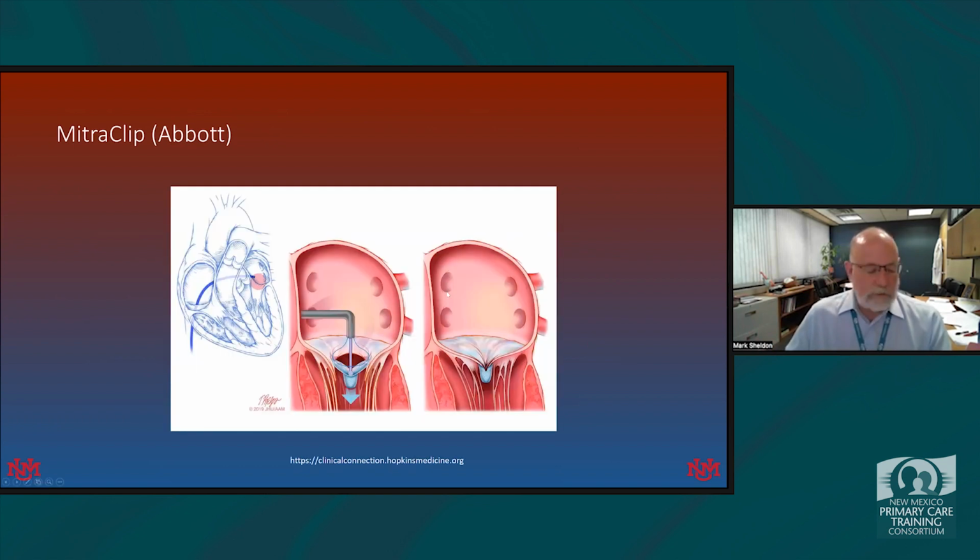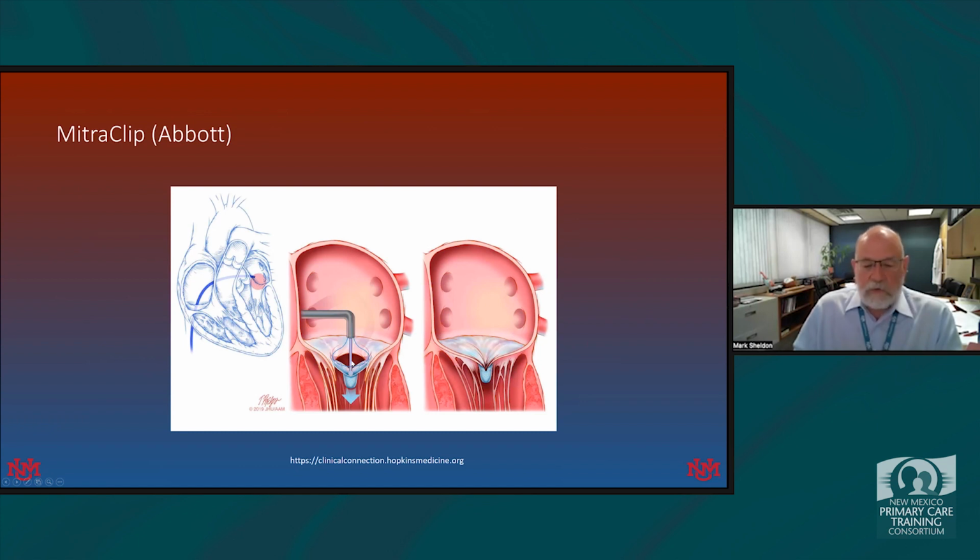This is probably a little bit better depiction of the actual procedure. Coming up from the IVC, we cross the atrial septum here with a transseptal puncture. And then this is the device that comes in, has the clip. You poke it through the valve into the ventricle, and then allow it to grab those leaflets in the spot.